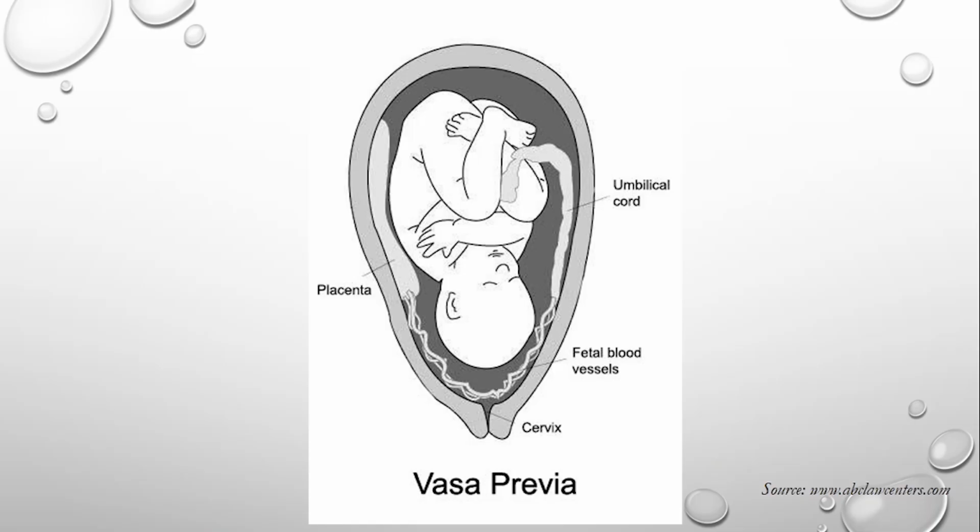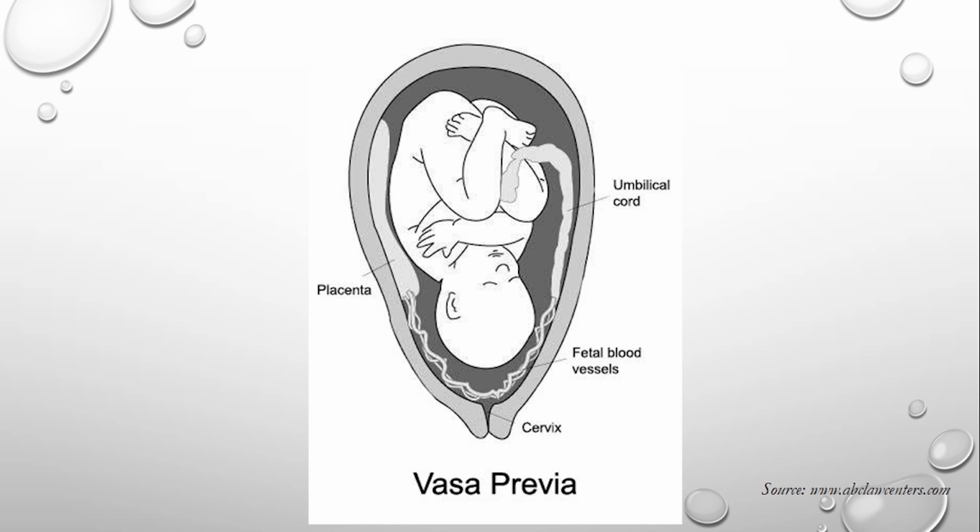Look at this diagram. Look at the placenta here. The umbilical cord gets inserted through this membrane, the velamentous membrane, and you can see that this cord passes through the internal cervical os.